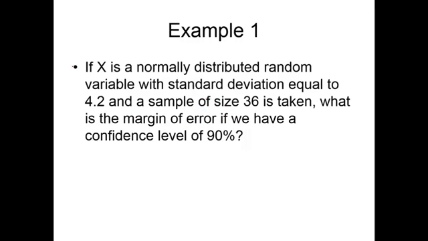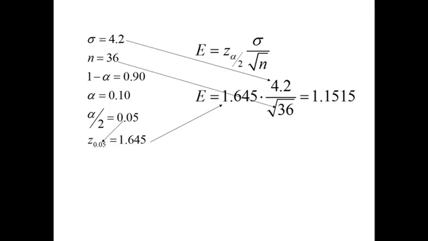Okay, so let's see how this works out in a problem. If x is a normally distributed random variable with a standard deviation equal to 4.2 and a sample of size 36 is taken, what is the margin of error if we have a confidence level of 90%? Okay, write this stuff down real quick. You might want to pause so you can write it down, because I'm going to the next slide.